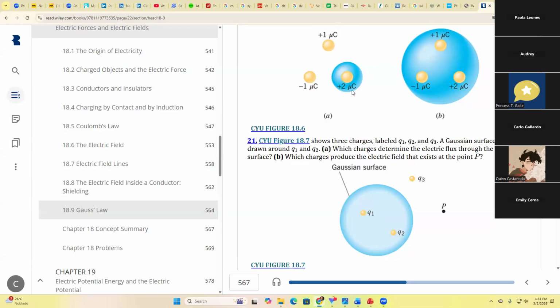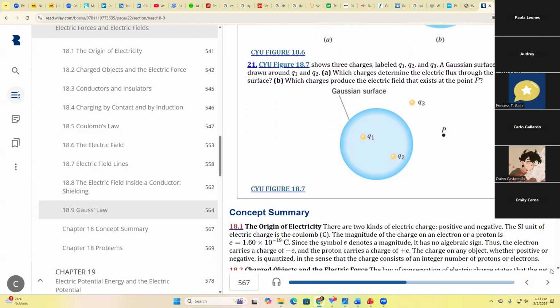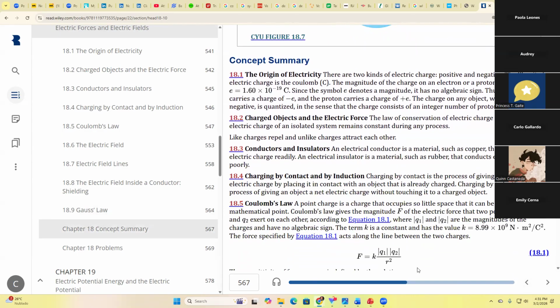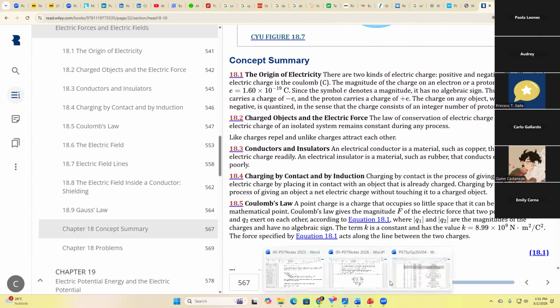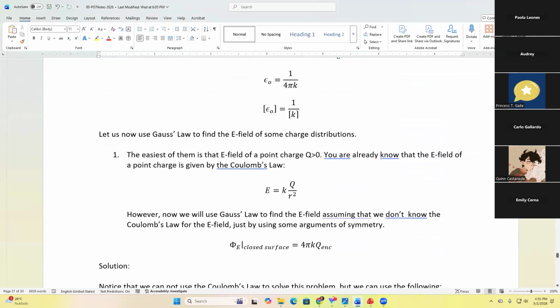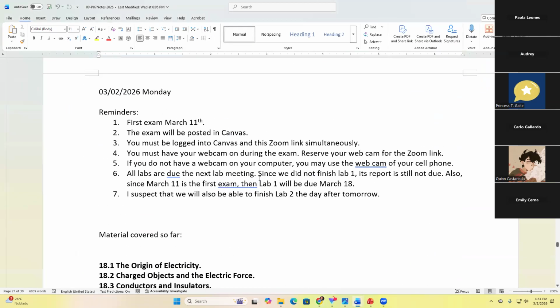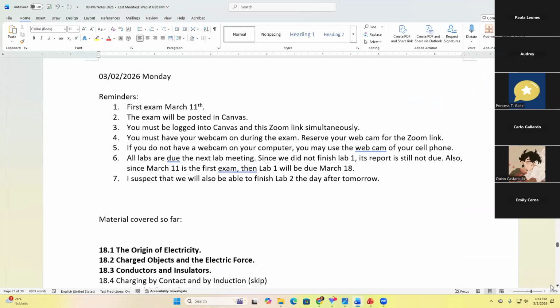Here in this case, it would be 2 microcoulombs times 4 pi k. And here would be like 4 pi k (Q1 plus Q2). You can calculate the flux, but you wouldn't be able to calculate the electric field because this problem does not have symmetry. Okay, and that's what we have for this chapter 18.